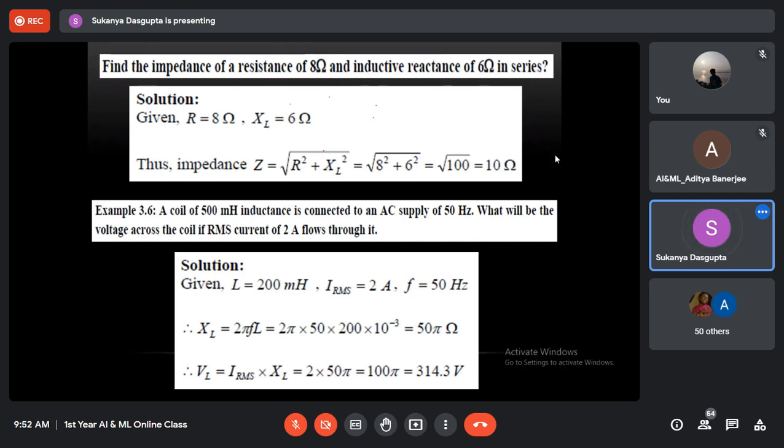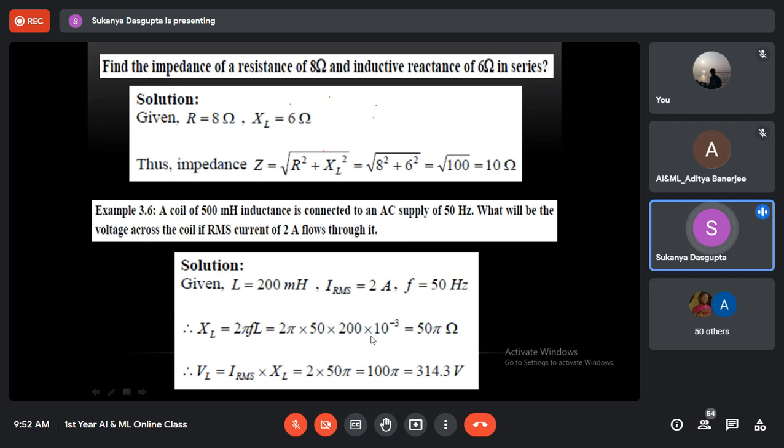How to solve this problem? L value is given in the problem, I RMS is 2 ampere and frequency is 50 hertz. Now it's a coil, that means we'll get the inductive reactance. Inductive reactance XL is nothing but 2 pi FL. All the values are known. So XL can be calculated as 50 into 3.14 ohm.